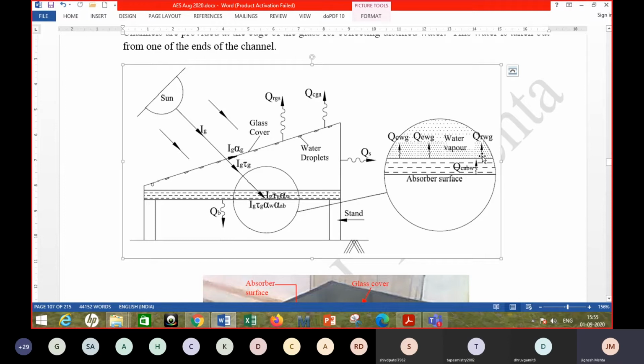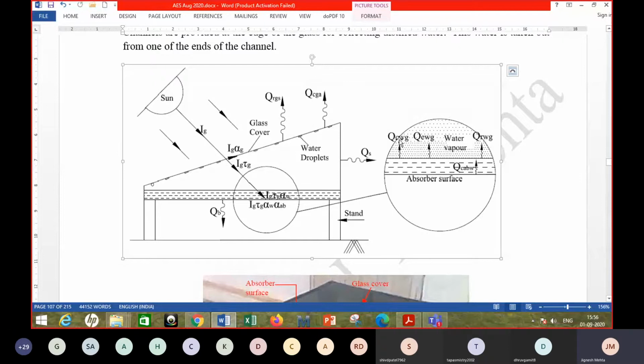And there is a transfer because there is a temperature difference. The water is at a higher temperature than the glass cover. There is a radiative heat transfer between the water and glass also. So these are the three ways in which heat is given away by the water surface and provided to the inner surface of the glass cover.